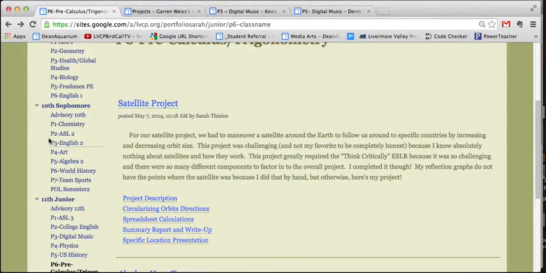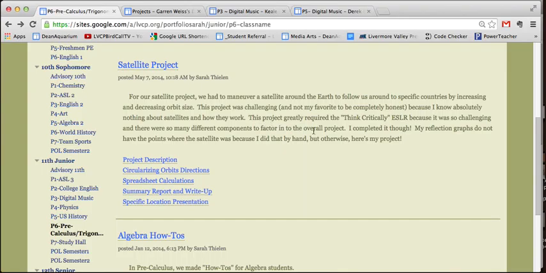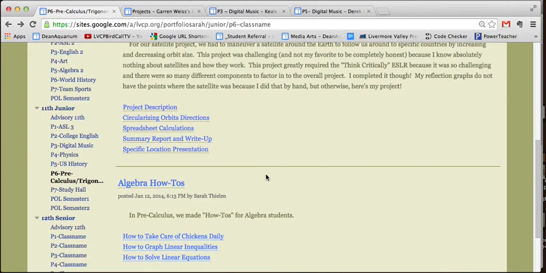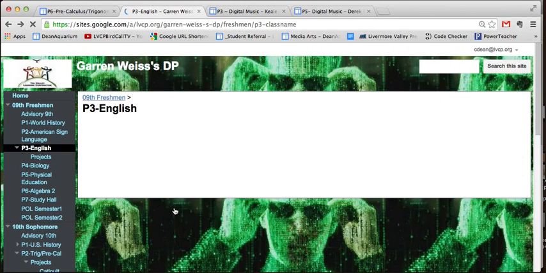So let's take a look at some examples of paragraphs and see if they meet the scrutiny. Here is somebody talking about a satellite project, maneuvering satellites around the Earth. They are talking about some really interesting stuff and have written a couple of sentences. Let's check out another one. We have some different English projects.